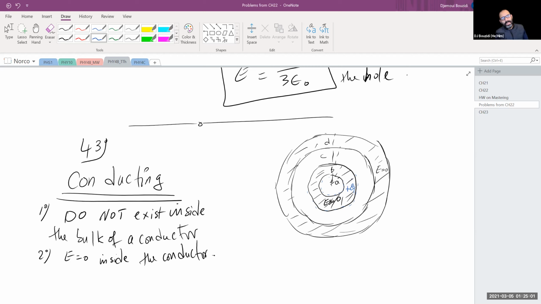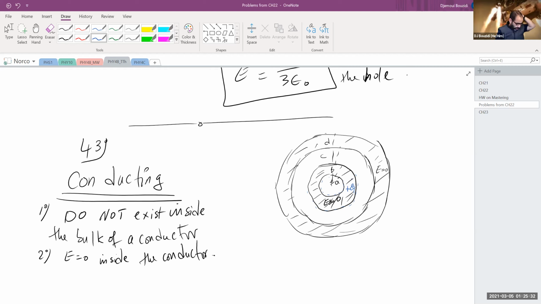So this 2q cannot exist inside the bulk of the conductor, but it can exist on the surface. And we have two surfaces now for this shell, an inner surface and an outer surface. How much is in the inner surface? I don't know at this point. How much is in the outer surface? I don't know at this point. But I know they add up to exactly 2q, algebraically. So that is basically what is given for us.